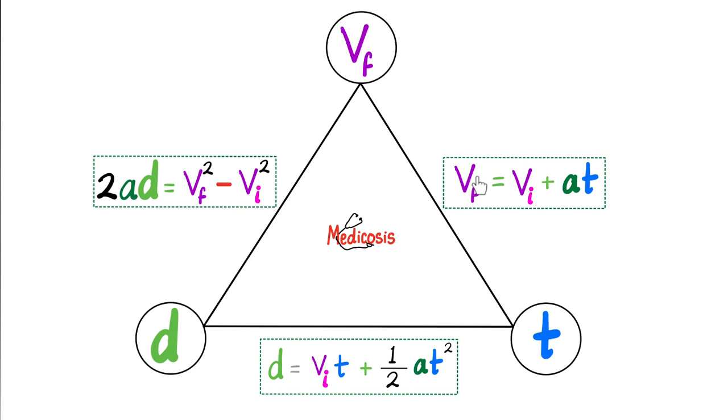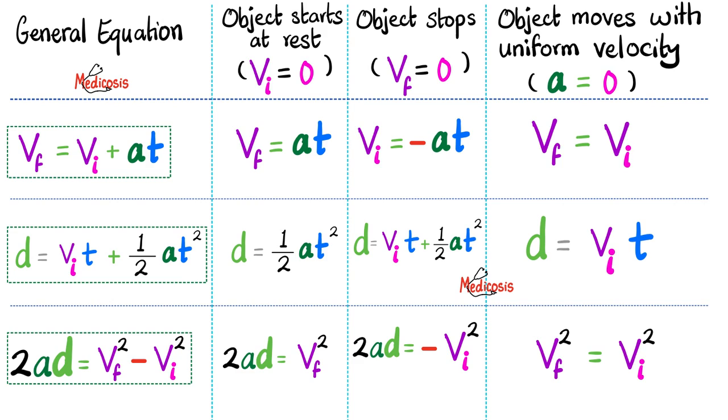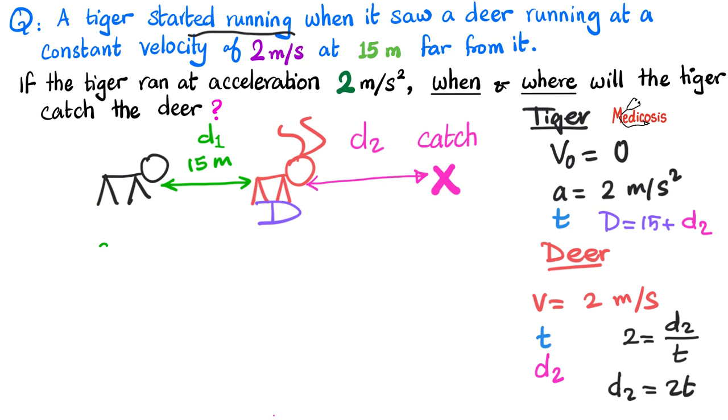I want an equation that can capture the when and the where. Oh, let's use this equation. This is the equation that we'll use. Since the tiger started from rest, all of this is 0, so we can modify the equation into distance, or displacement, equals half a t squared. So here is d equals half a times t squared.